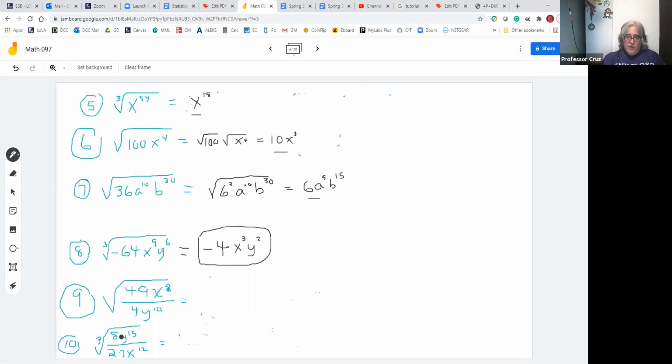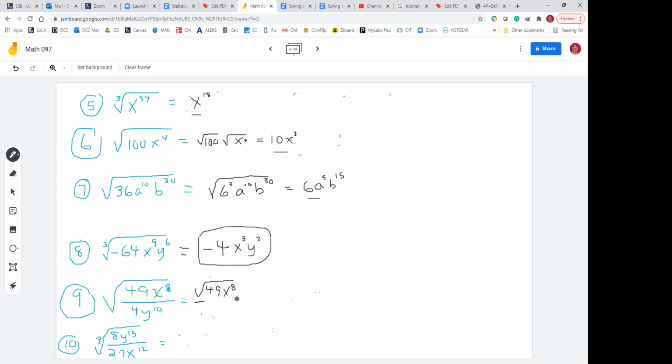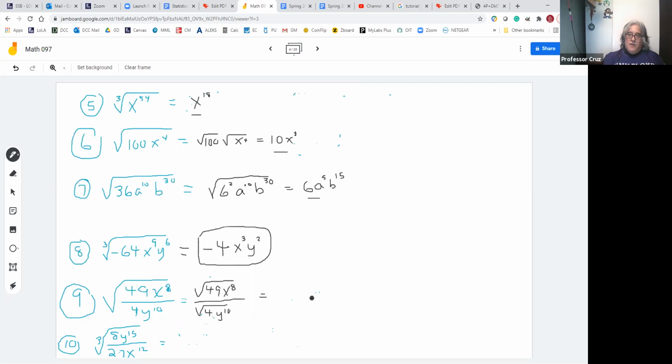One square root, one cube root. And remember, you can do this first. I got 7x to the 4th and 2y to, is that a 10 or a 12? Which one? Yeah, that's right, 4y to the 10th.